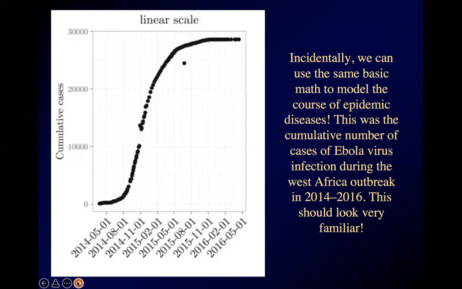And if you look at the cumulative number of cases, you can see there was an early stage where the virus infected lots of people and got them sick. And then as people died from the virus and other people started taking precautions to try to keep from getting it, the number of cumulative infections leveled off because the virus was finding, quote, fewer and fewer people that it could infect.